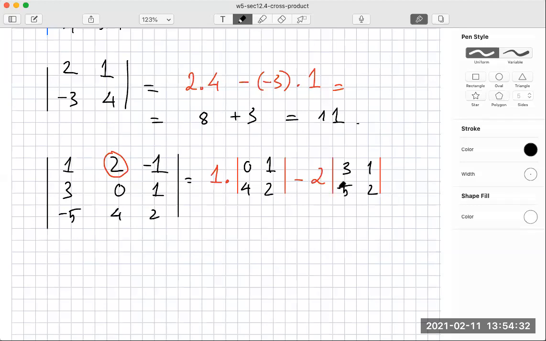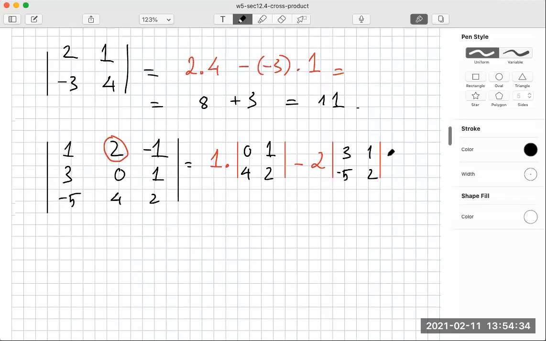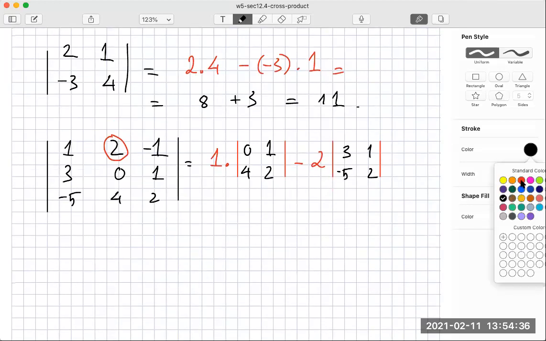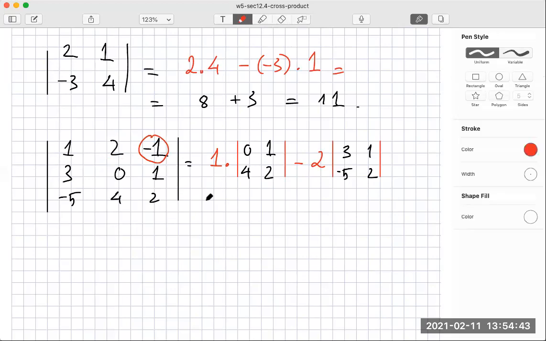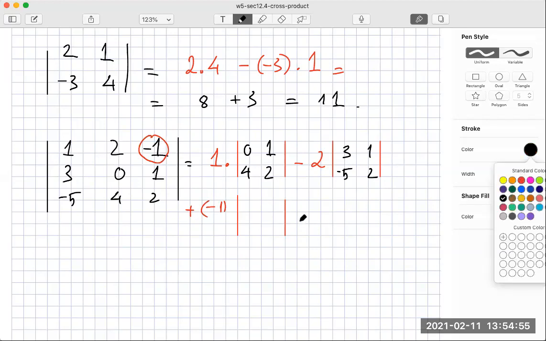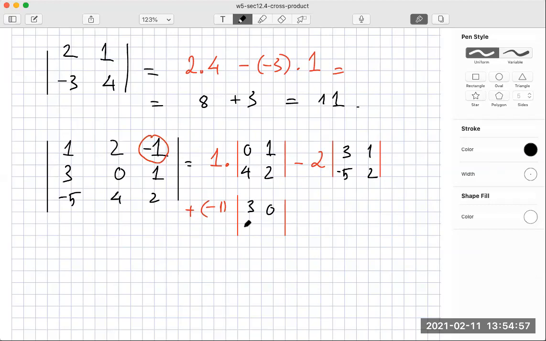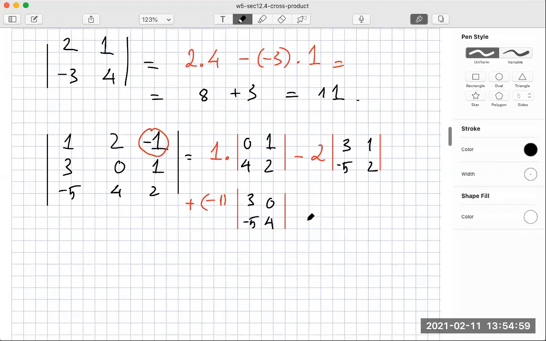Thank you. And the last element will be -1 here. Okay, -1 times the determinant of order 2 of what? Very good, thank you. 3, 0, -5, 4.